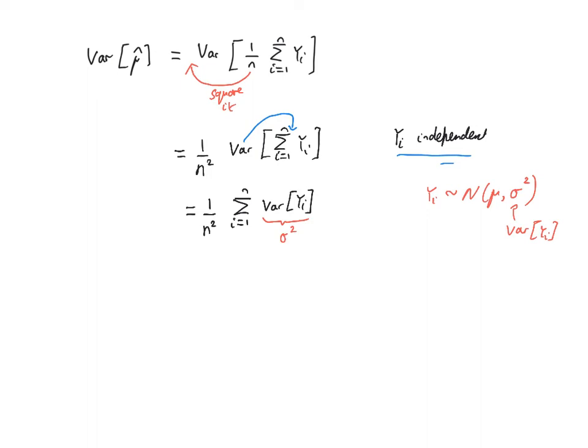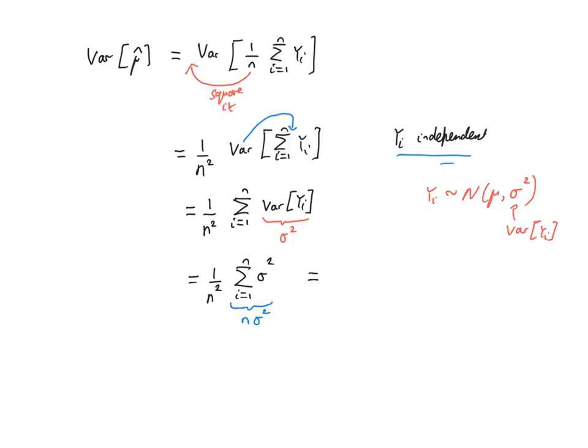And so we end up with the variance of mu hat is 1 over n squared, the sum i equals 1 to n sigma squared, and the sum i equals 1 to n sigma squared is n sigma squared for exactly the reasons we've seen before.